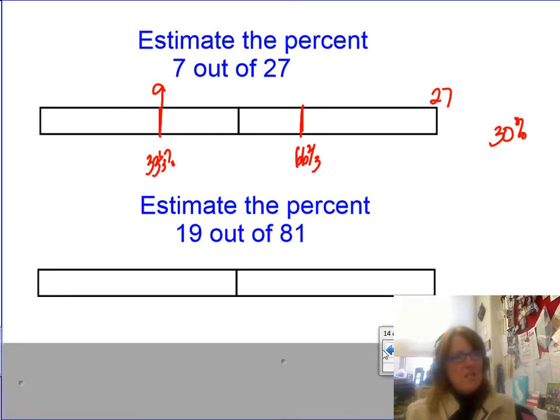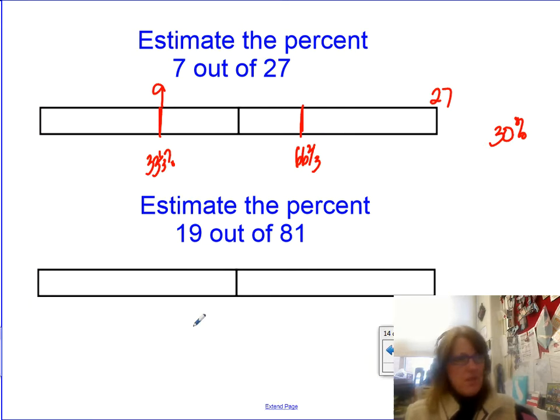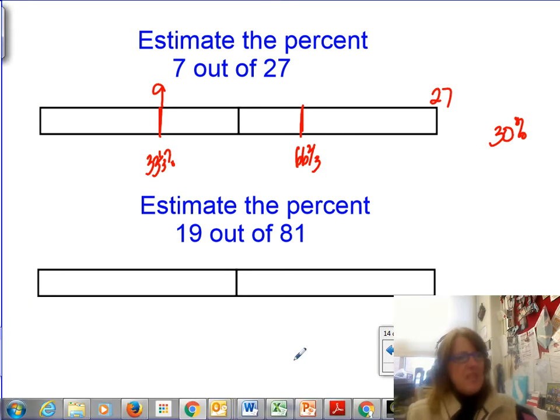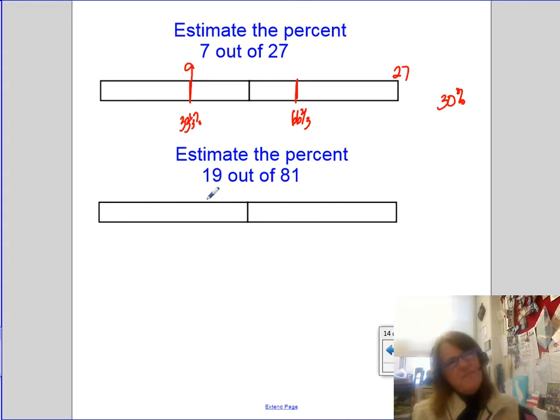This one, 19 out of 81. Well, let me get this gray screen out of the way. 19 out of 81. Well, these are kind of icky numbers, but maybe I'll round this one instead and say, if this is about 20 and this is about 80, okay, maybe I can think, well, whoops, I got to put this on top.